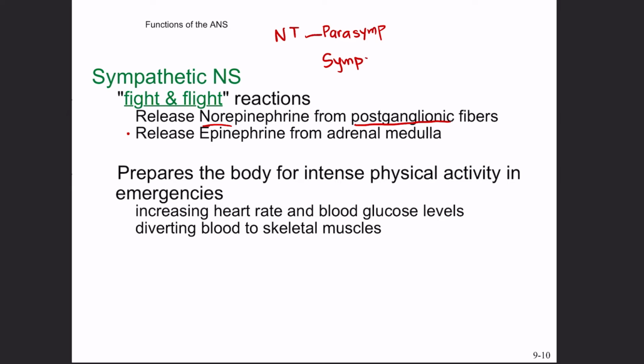But here we're saying the postganglionic neuron is going to release norepinephrine. This is going to increase our heart rate, increase blood glucose. It can cause vessel dilation or bronchodilation, and it'll allow for blood to go to our skeletal muscles and suppress our digestive function because it prepares our body for a short-term stress, like an emergency.